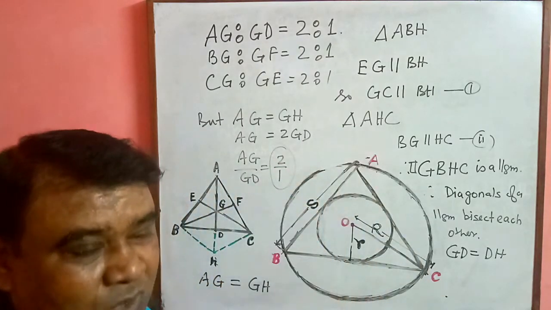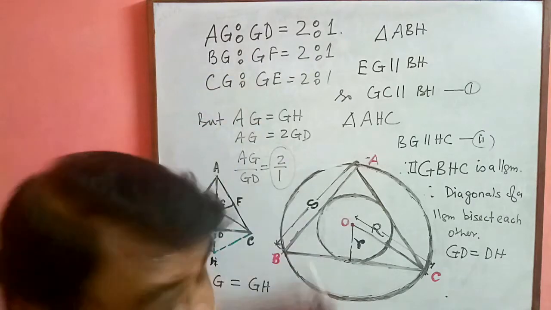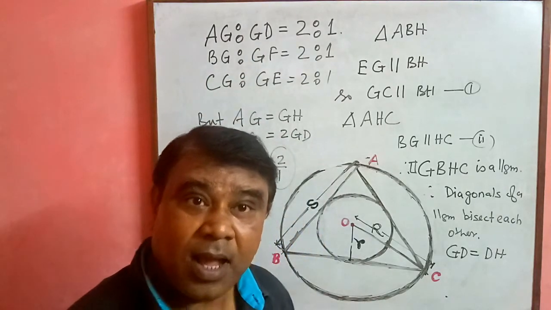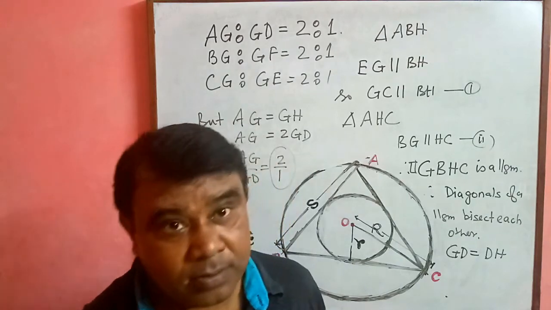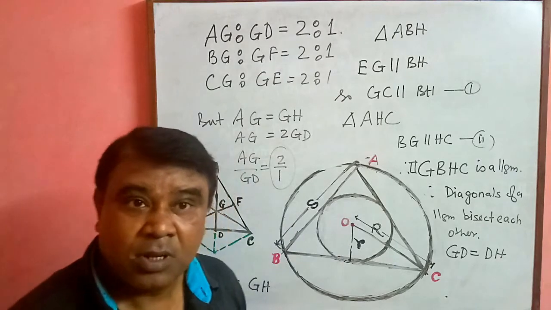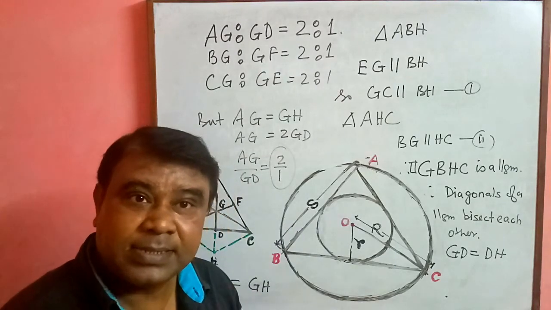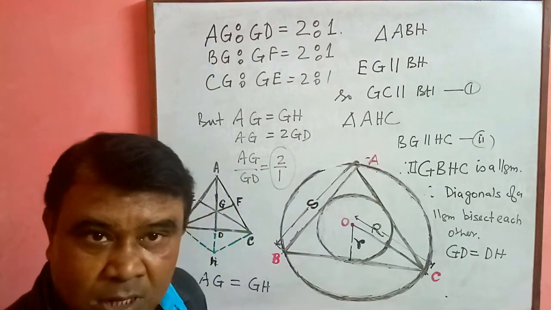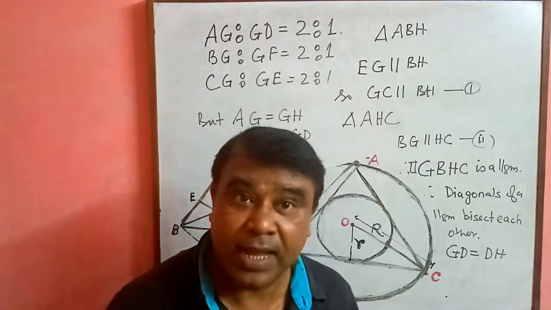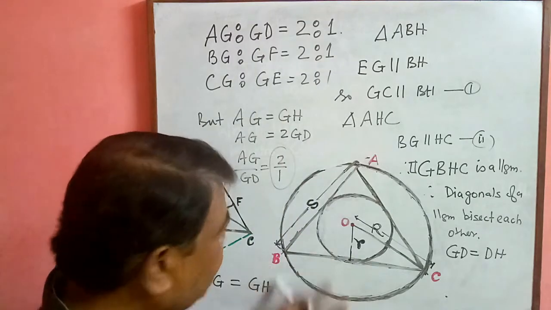Now, with the help of this, centroid divides a median in the ratio 2:1. In the case of an equilateral triangle, the median is the same as the altitude. And we know how to find the altitude of an equilateral triangle with the help of the side.